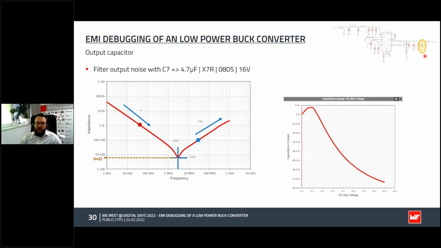It's a ceramic capacitor, 4.7 microfarad. It's there to filter the output noise. When we had a look at the impedance curve, 3 megahertz is the self-resonance frequency, and the DC bias at 5 volt is not quite high. So this is a good choice to suppress the output noise.